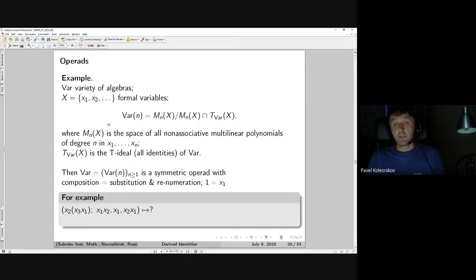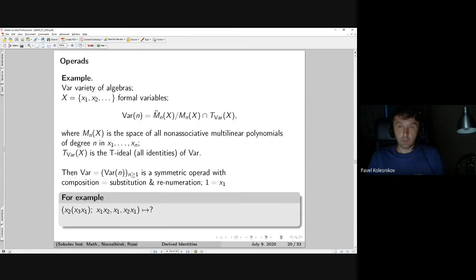We may consider the free algebra of the same language. In the case of associative algebras, for example, the free algebra would be the magmatic algebra, all non-associative polynomials. Let us consider multilinear polynomials of degree n, exactly in the variables x1, ..., xn.